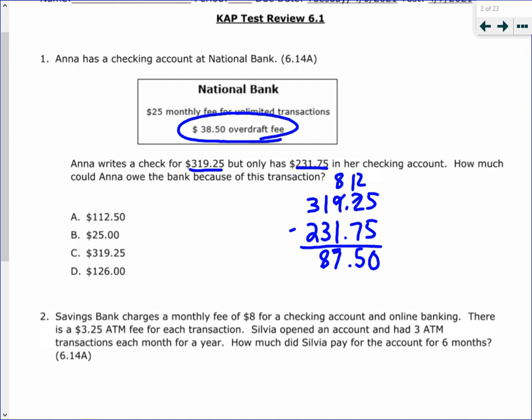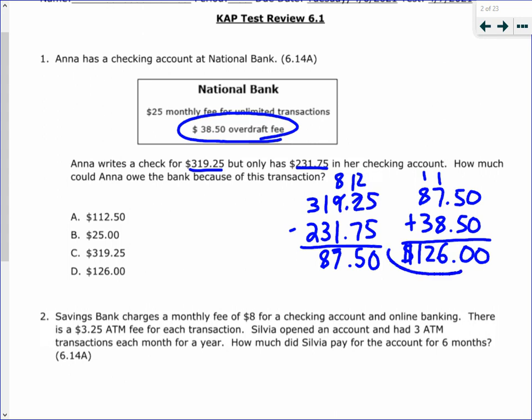But she has a $38.50 overdraft fee. So not only does she still owe the bank $87.50, she has to pay a fee for that. So we're going to add $38.50 to what she already owes them. And our total, $126 is what she now owes the bank. So the answer is D.